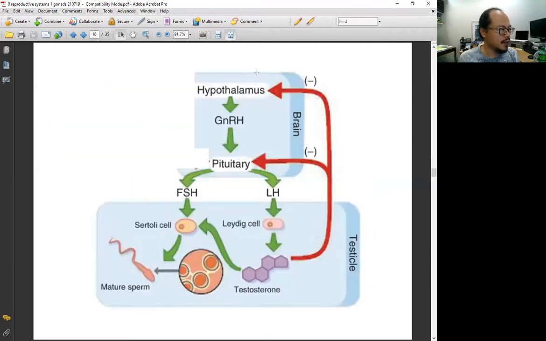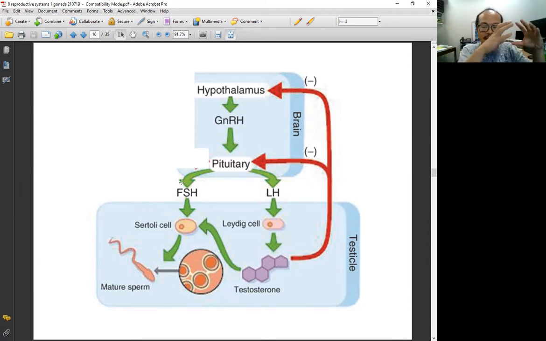So this one shows you that the hypothalamus releases the gonadotropin releasing hormone, GnRH. GnRH acts on the anterior pituitary gland, which then releases the gonadotropins, including FSH and LH. FSH, the follicle stimulating hormone, if it's follicle, is for the oocytes, for gamete development.